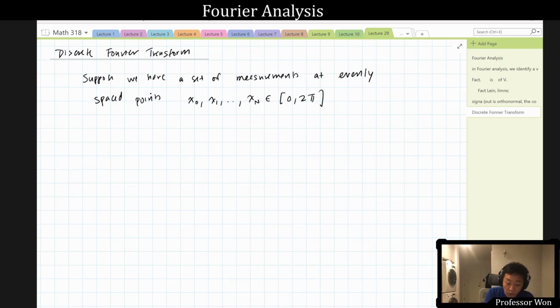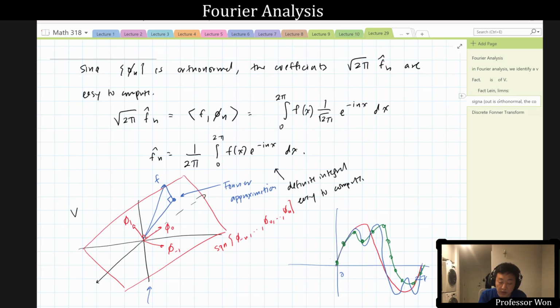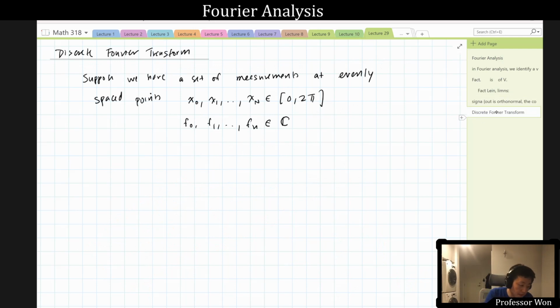So what we've measured is f0, f1, ..., fn. These are values in C. Again, you just imagine these green points are xi, fi, where presumably f0 is equal to f of x0.